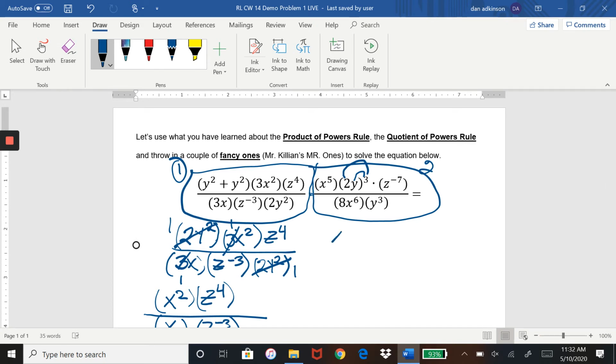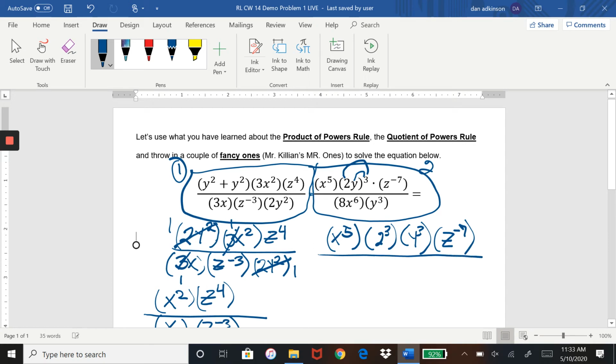All right, so this is x to the 5th. We've got 2 to the third power times y to the third power times z to the negative 7th power. And now all over 8x to the 6th power, y to the 3rd power.